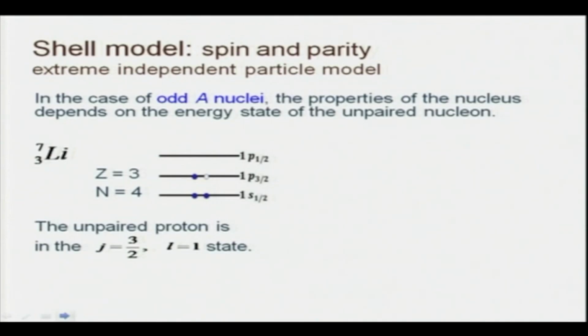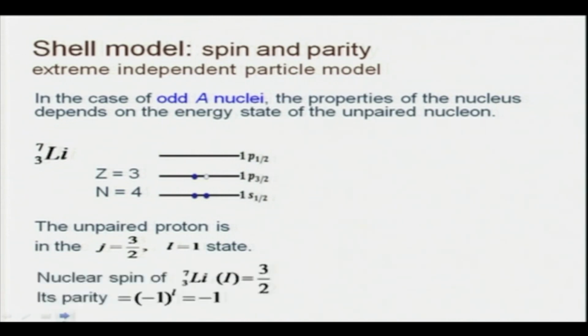So, the spin of the lithium 7 nucleus is the j value of the unpaired nucleon, here the proton, which is 3/2. That is the prediction of the extreme independent particle shell model.